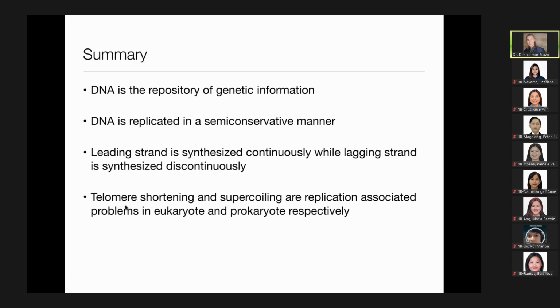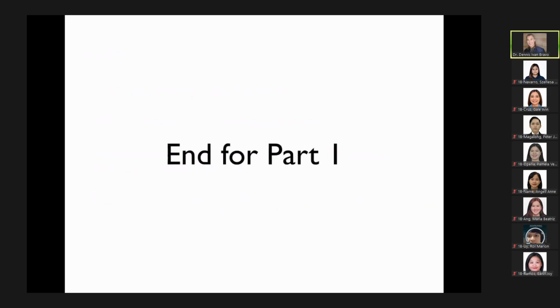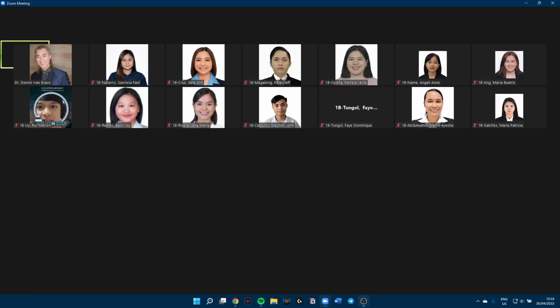Telomere shortening can be addressed by telomerase, this is a problem exclusively seen in eukaryotes, while supercoiling is a problem seen in both, but it can be solved by the enzyme topoisomerase. So let's have a short break, 5 minutes, after which we shall continue with the second part of our lecture.